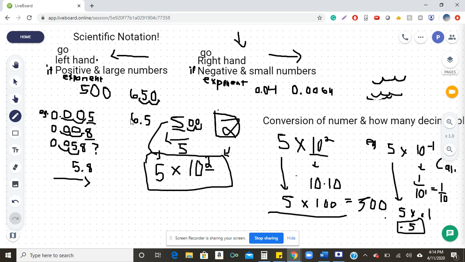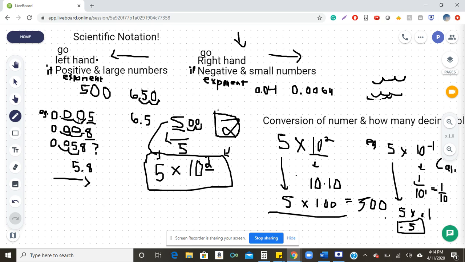But you only move until you get to the non-zero digit, the last one, right before the last one.